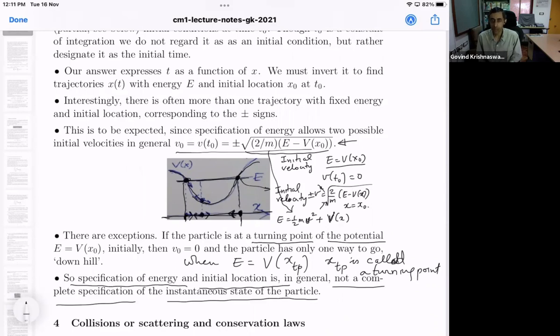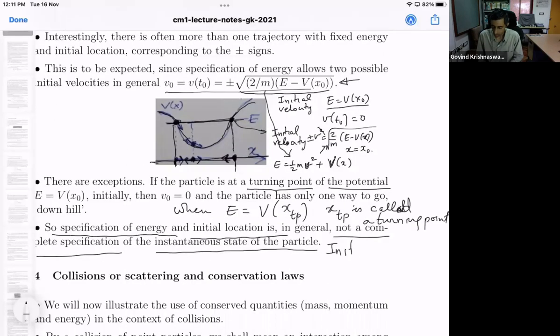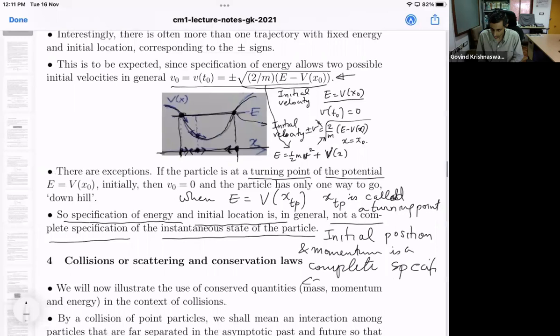But giving the energy and initial location is not a complete specification, because that energy may allow for two initial velocities. So initial position and momentum is a complete specification of initial state.